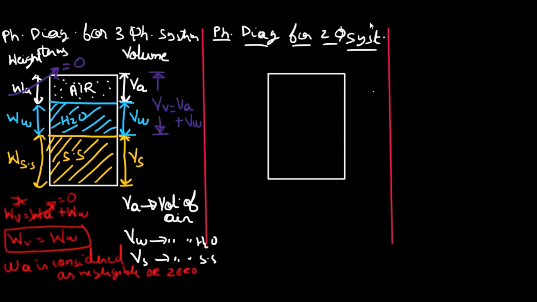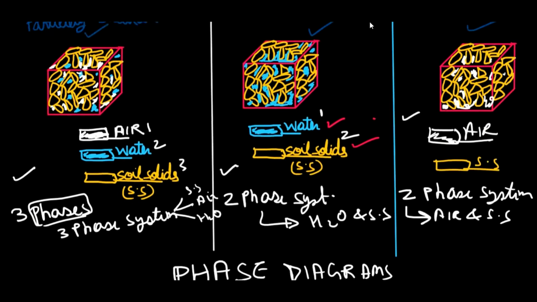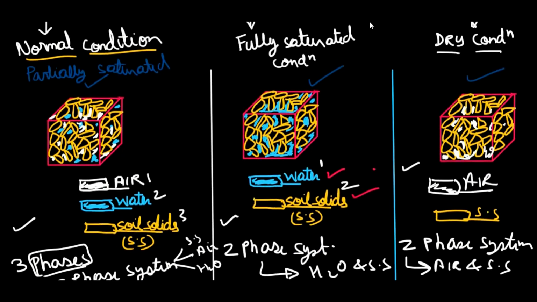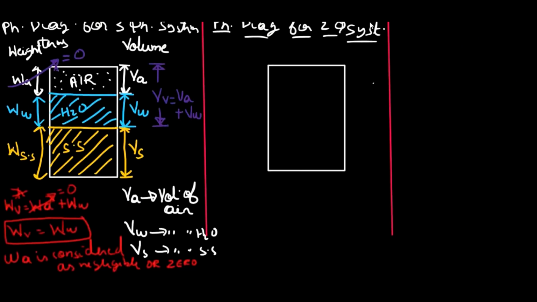This thing is the same. Now the phase diagram for two-phase. What is the subcategory of two-phase? It is the fully saturated condition. So air will be absent. Now see carefully.